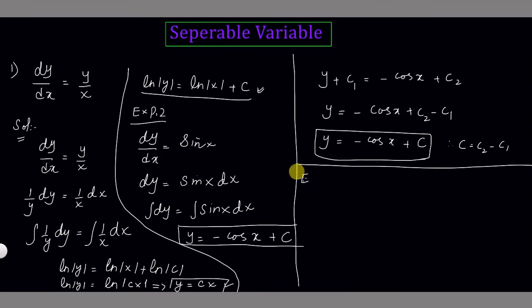Now in example 3, if you have dy over dx equal to 1 plus e raised to the power 2x, and you want to solve this differential equation by using the method of separable variables. Just separate the variables first, and then integrate.